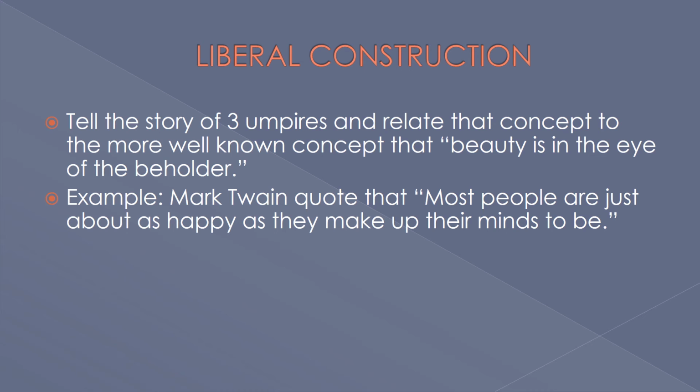Mark Twain said that most people are just about as happy as they make up their minds to be. What he meant is you can be happy or you can be sad, and you can decide yourself how happy you want to be.